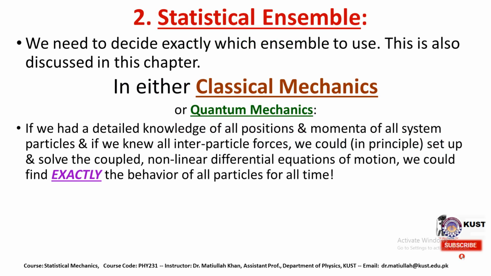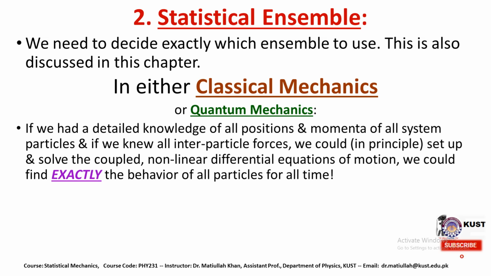If we have classical mechanics or quantum mechanics, and we have detailed knowledge of all the positions and momenta of all the system's particles, and if we knew all the inter-particle forces, we could in principle set up and solve the coupled non-linear differential equations of motion, and we could exactly find the behavior of all the particles for all time in that particular system. So in that way we can have a classical or quantum mechanical description of that system.